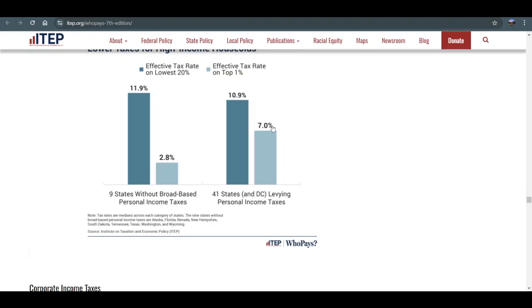So the difference there is, of course, they're paying less. That's why some people are progressives and they want to try to equalize this, and the richest people are gaining the most out of everything that there is, and they're paying the least amount. The reality is the poor people subsidize the rich people in our system. And as you can see, the more regressive the tax is, the more poor people are paying as a percentage of everything.